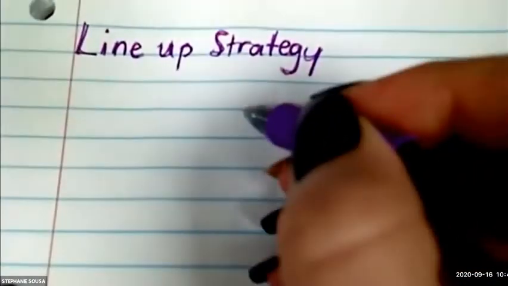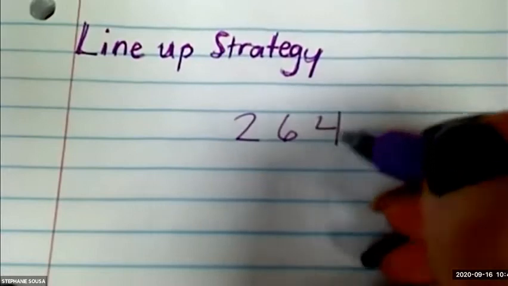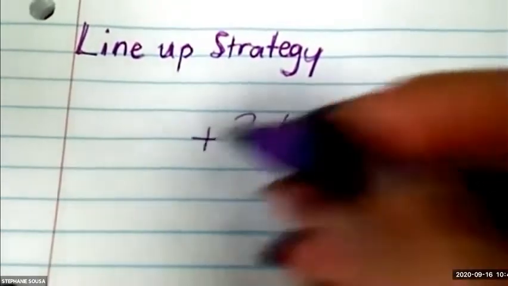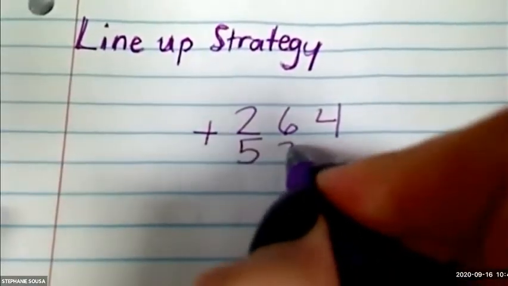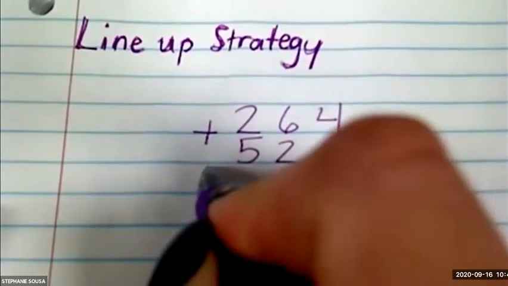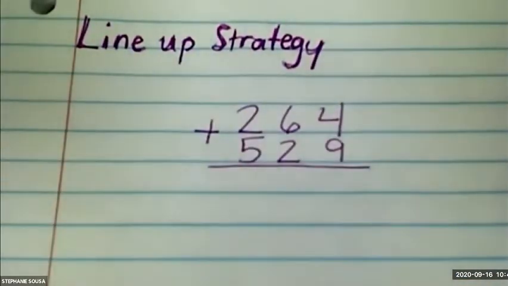So let's take the problem that we've been using, which is 264 plus 529.